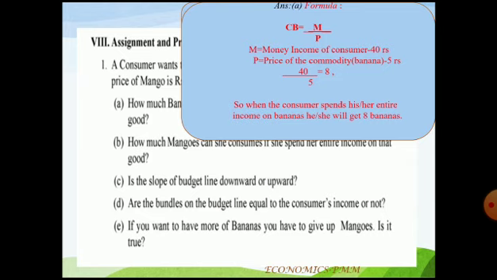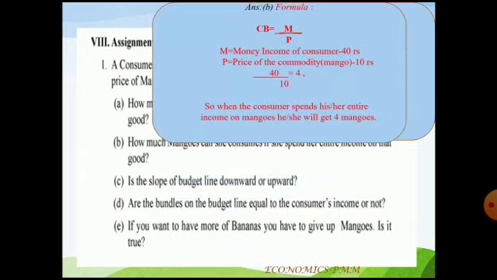Moving to the second question, how many mangoes can she consume if she spends her entire income on that good? The earlier question was to understand how many bananas the consumer may purchase or consume if the entire income is spent. The second one is mangoes. Again the same method, apply the formula.